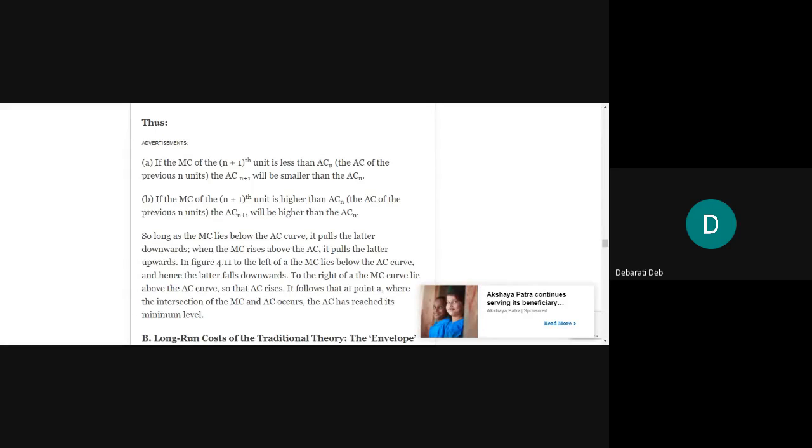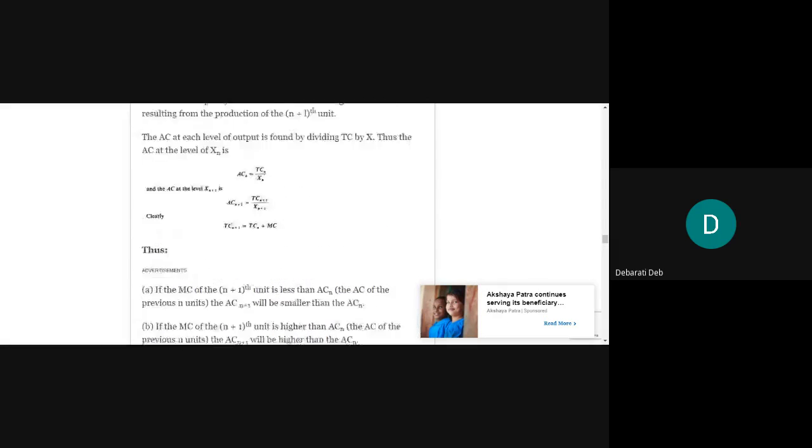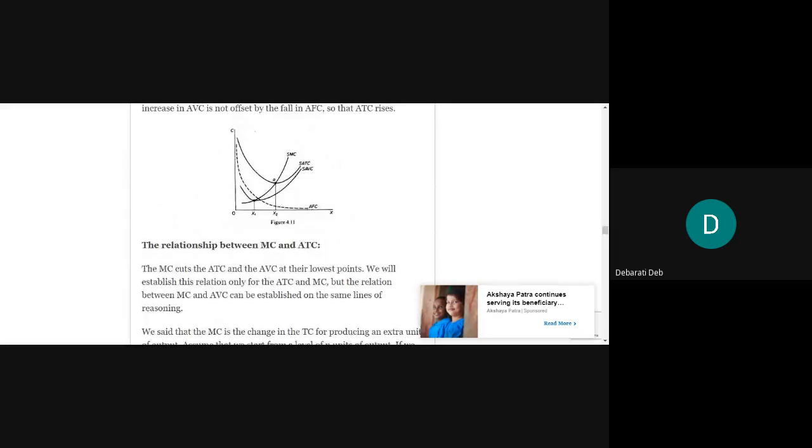In the figure, to the left of A, the MC curve lies above the AC curve so that AC rises. To the right of A, where is A now?